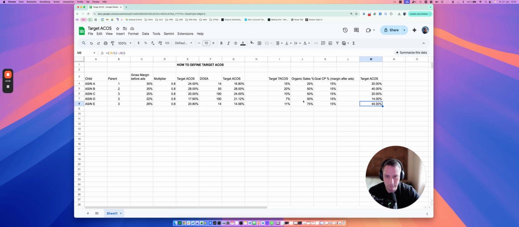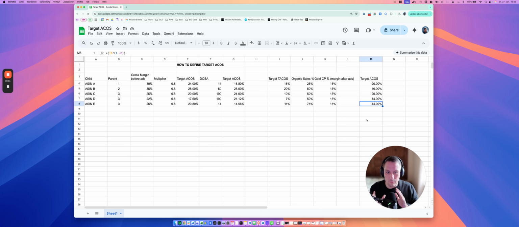And if this organic stays the same, then I will have a target TACOS of 11%, right? Because 44 divided by 4, 1/4 is my PPC sales, so I divide it by 4. That is 11%, right? So that's kind of the logic here.